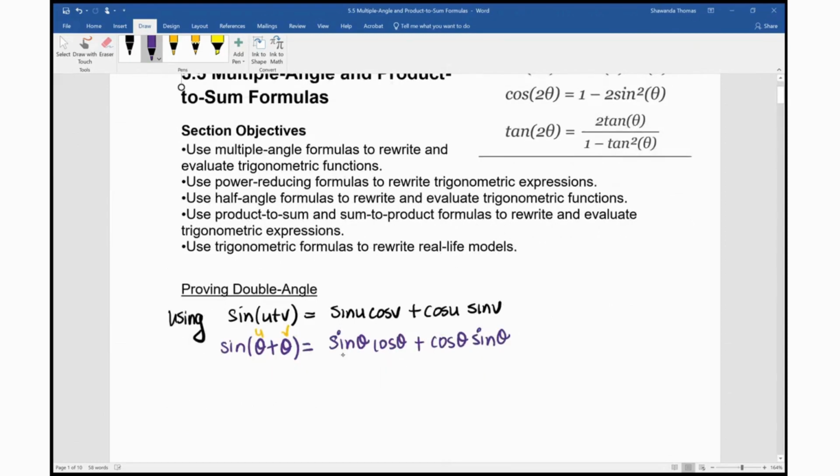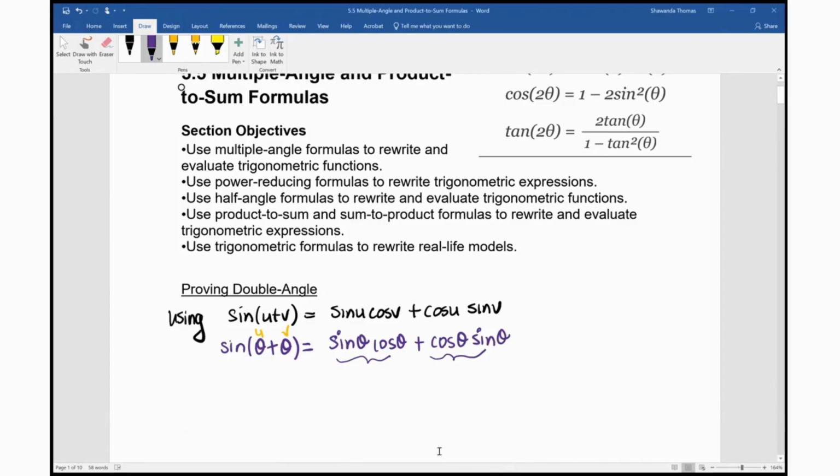Is sine times cosine the same as cosine times sine? Is sine theta cosine theta the same exact thing as cosine theta sine theta? Yes, it is. So they are like terms.